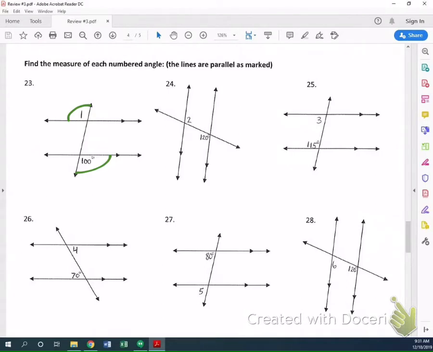Actually, let's make more of a list. If they're congruent or if they add to 180. Okay, so I'm going to make a list of the ones that are congruent, a list of the ones that add to 180.